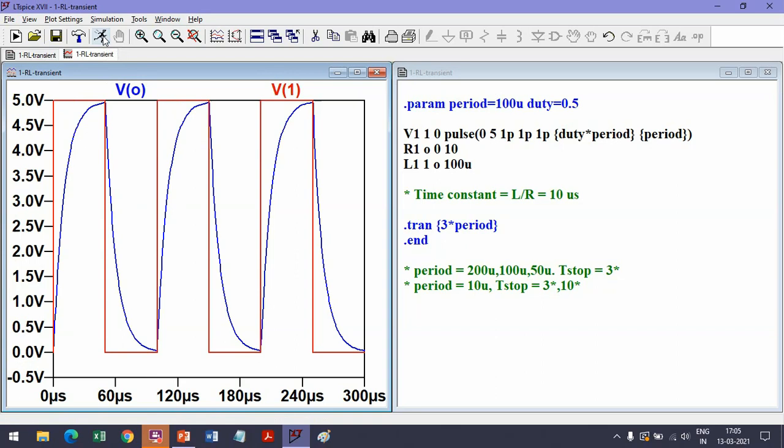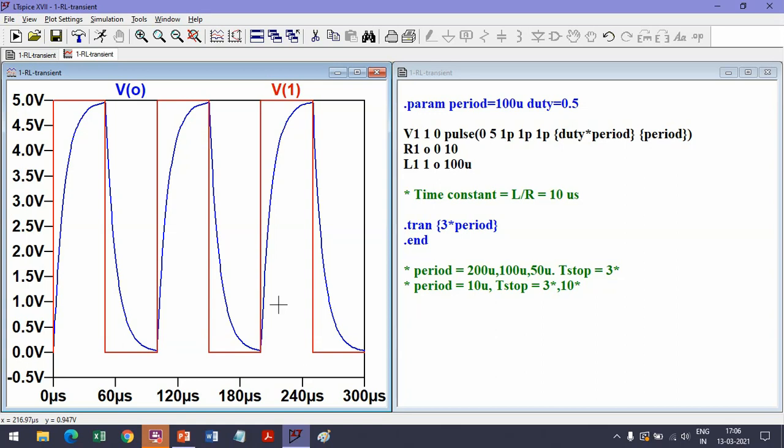All right, what happened? The output is charging to slightly less than 5 volts because now the time constant is only 10 microseconds, so this is 50 microseconds, so we are allowing it to charge only for 5 time constants, and so it is charging to slightly less than 5 volts, and this is discharging to slightly less than 0 volts.